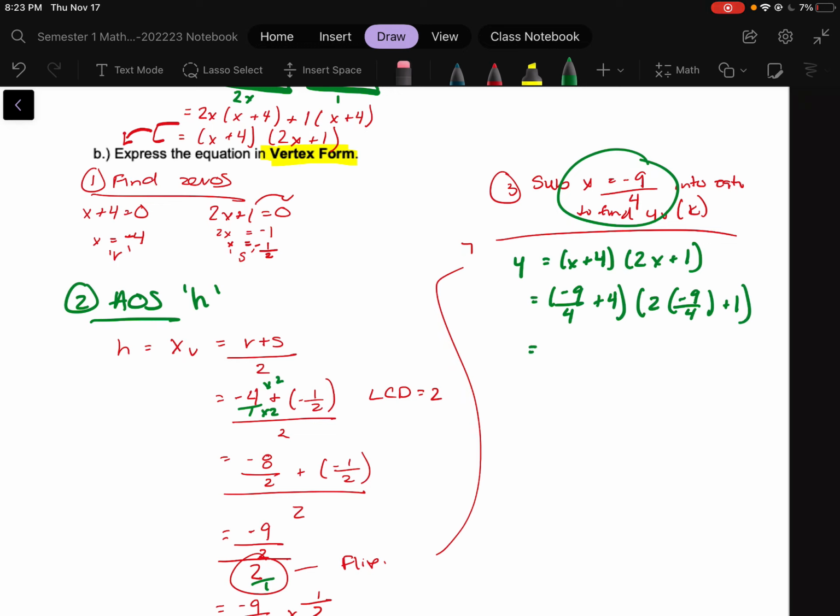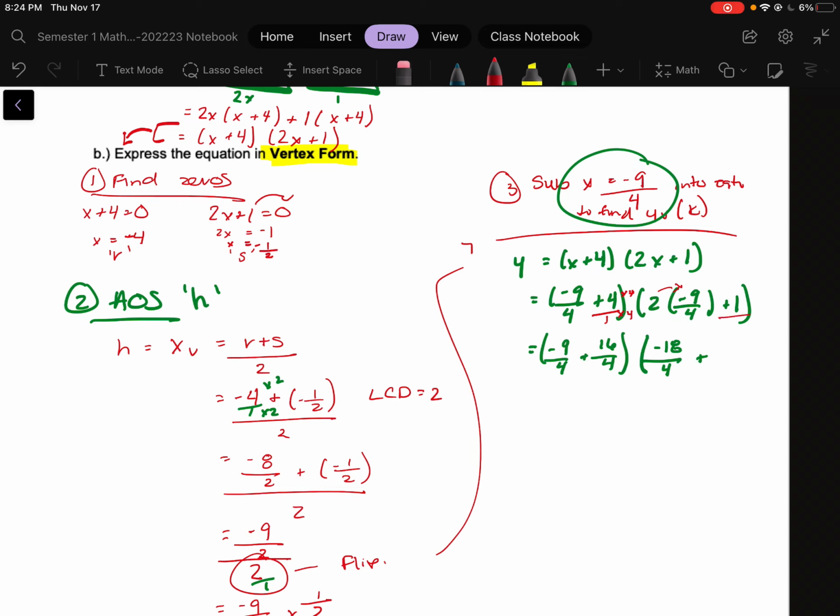And now we need to expand. Because we're adding a fraction here, remember this is always over 1. So we have to multiply this by 4 to make sure it's equal on top and bottom. So we're going to have -9 over 4 plus, 4 times 4 is going to be 16 over 4. And then over here, we're going to expand our 2 into our fraction here. So that will leave us with -18 over 4.